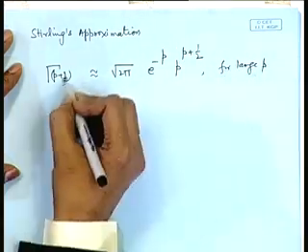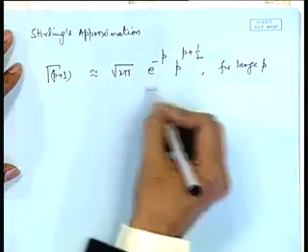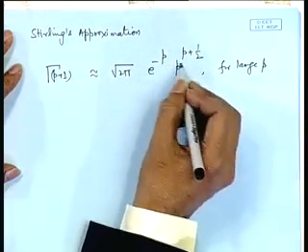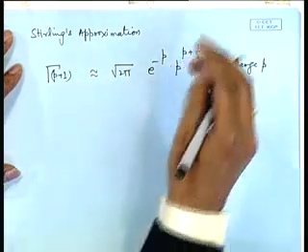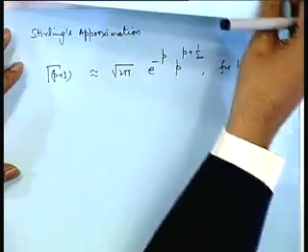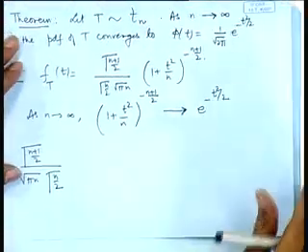That means, for large p, the gamma function can be approximated by an exponential and polynomial type of term. So, this is a mathematical formula, we can use it here.